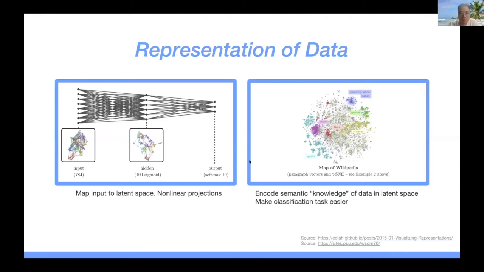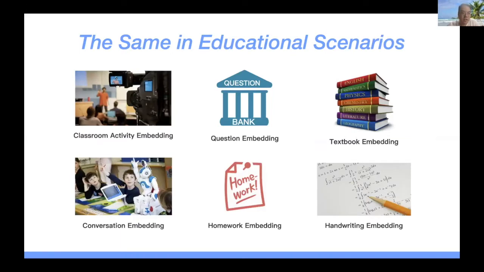The situation is the same in educational scenarios. For educational data, we have different forms of data from various sources, such as online class videos, questions, textbooks, conversations, homework, and handwriting. Still, we can use representation learning to get unified embeddings, and then train our machine learning algorithms on them.